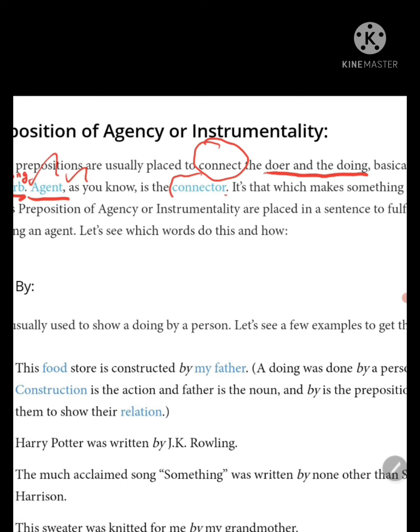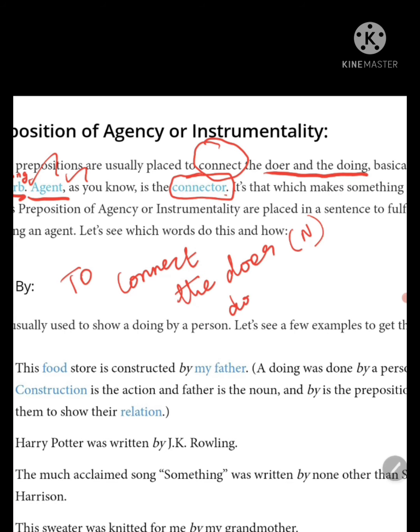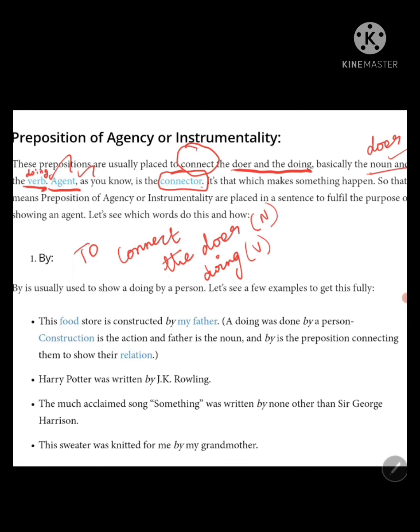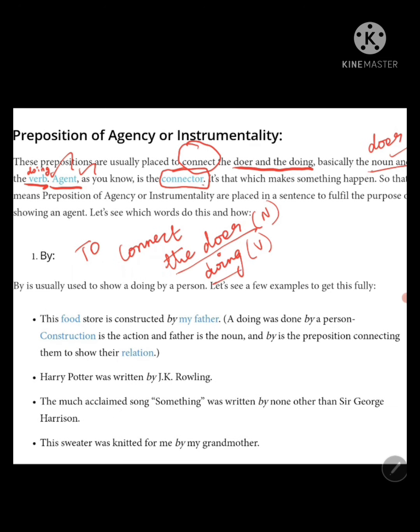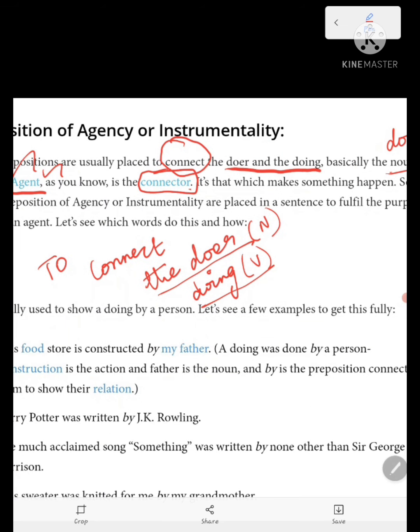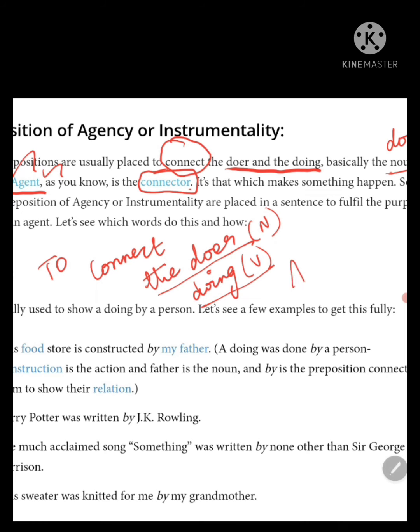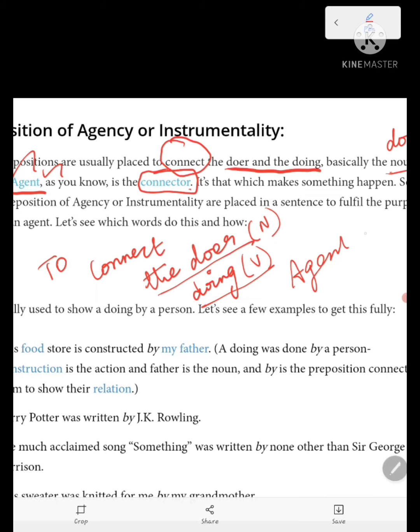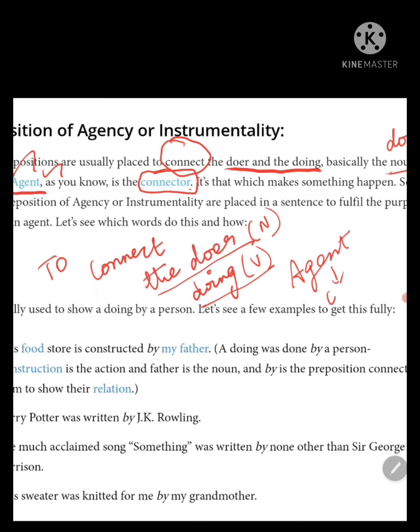To connect the doer, who is doing the action, the doer, that is noun, and the doing, that is verb, we need an agent. That agent is a connector.